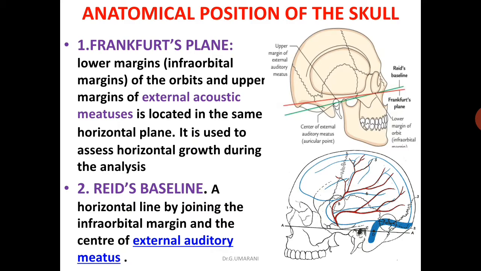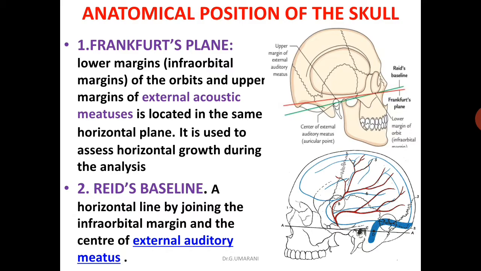Next is the anatomical position of the skull. There are 2 positions, Frankfurt's plane and Reid's baseline. Both represent a line from the infraorbital margin on the medial side, extending laterally to the external acoustic meatus, or auditory meatus.